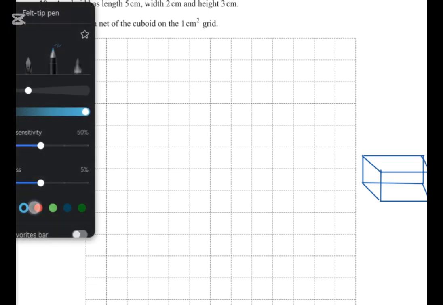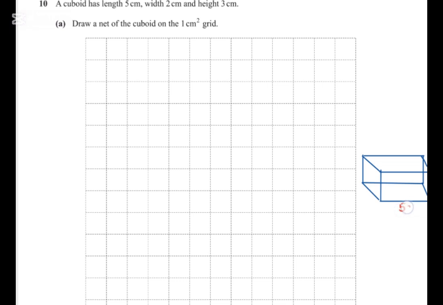So here we'll mark the dimensions, and according to that we will draw the net. So this is the length 5 centimeters, the width is 2 centimeters, and this height is 3 centimeters. So using this we will draw the net.